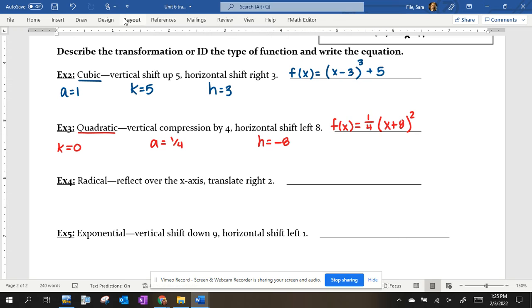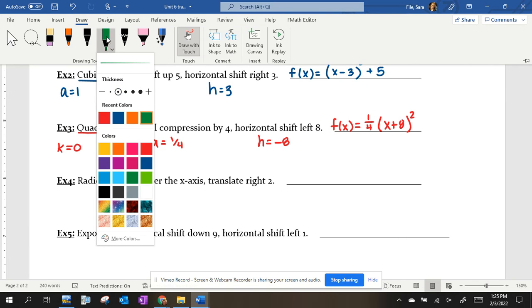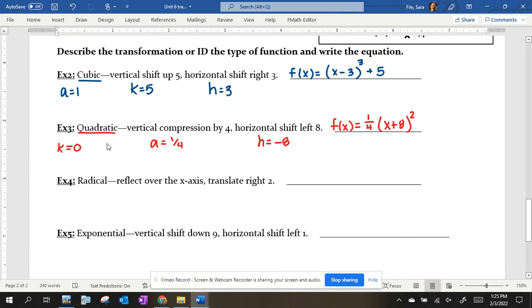Okay, this next one, reflect over the x-axis, translate right 2. So right 2 means h is 2. How do I reflect over the x-axis? Again, a negative a value.